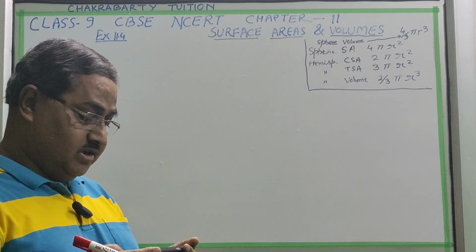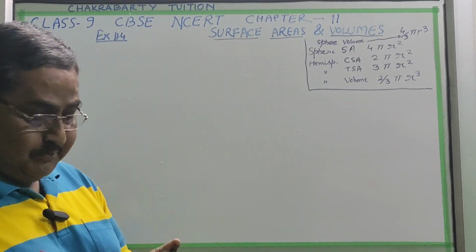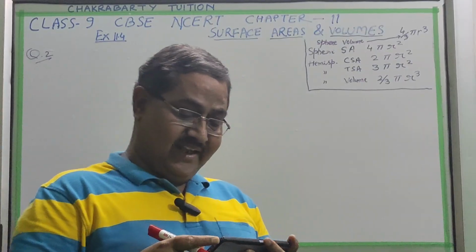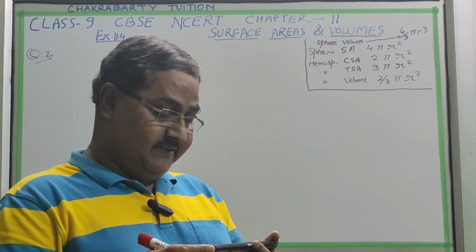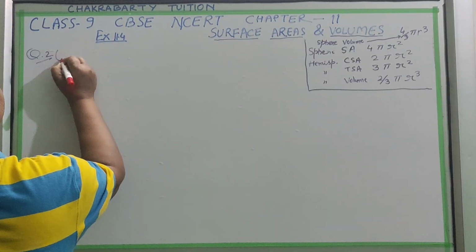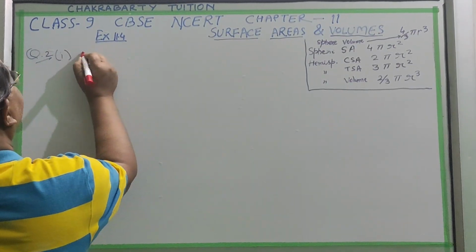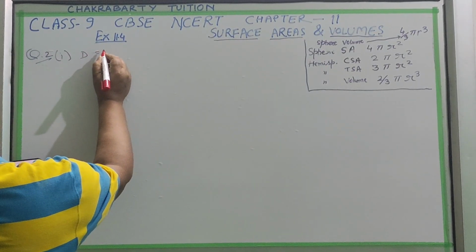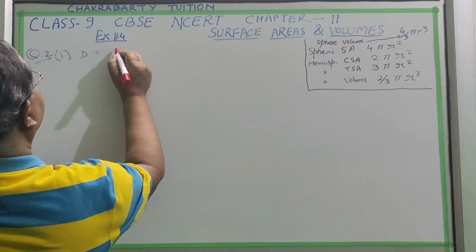In the second question, find the amount of water displaced by a solid spherical ball whose diameter is given. The first question we did, the second you can do yourself. The diameter is given as 28 centimeter.